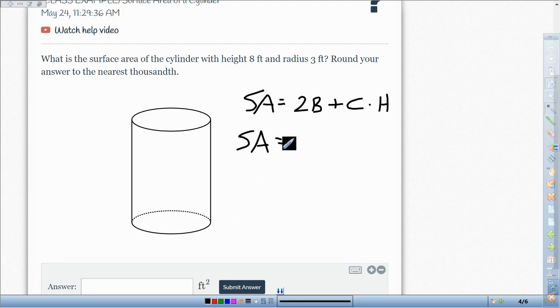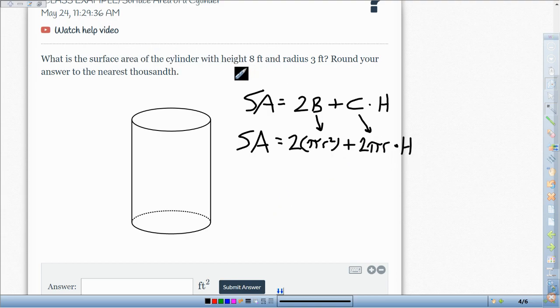All right, and yeah, these are circles. So with cylinders, there's no guessing. The area of a circle goes in here, pi r squared. And the circumference of the circle, 2 pi r, goes in here, and then times the height of the whole thing. Okay. All right. So we need the radius and we need the height.